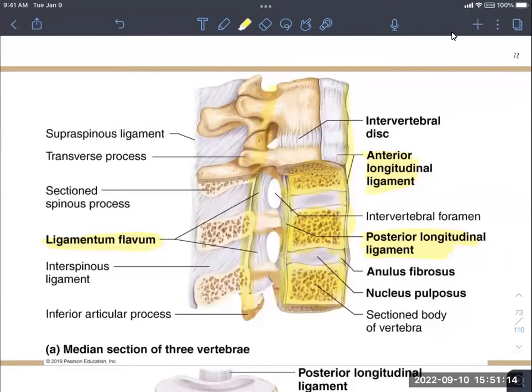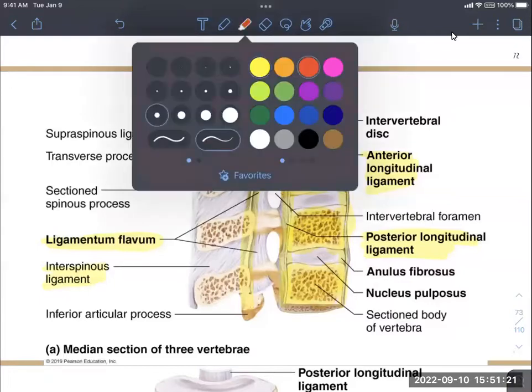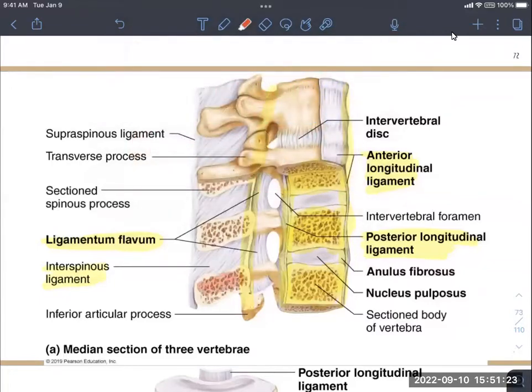We have interspinous ligaments, because we talked about those other ligaments that connect. What I am going to color in red here are the spinous processes of each vertebra. These spinous processes have an interspinous ligament between each one.